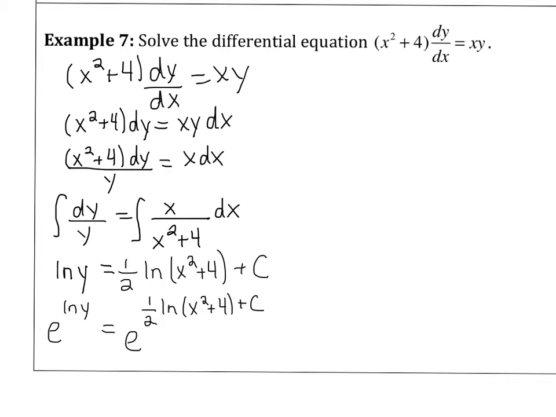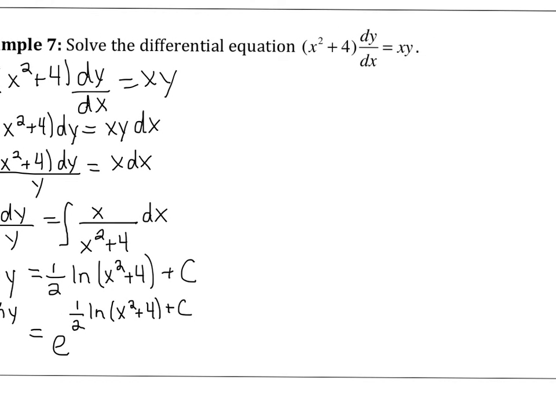E to the ln y gives me y. These just sort of annihilate each other, and I'm left with y equals, and then everything on the right. Now you'll notice I haven't canceled out the e and the natural log on the right-hand side, and that's because I can't yet.